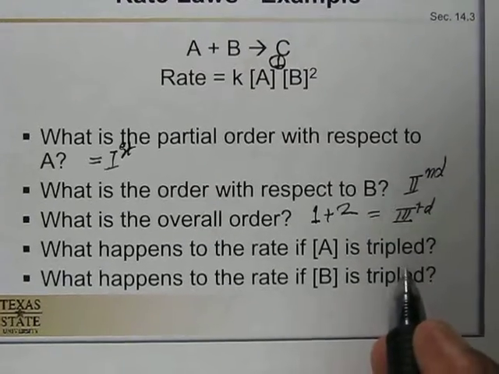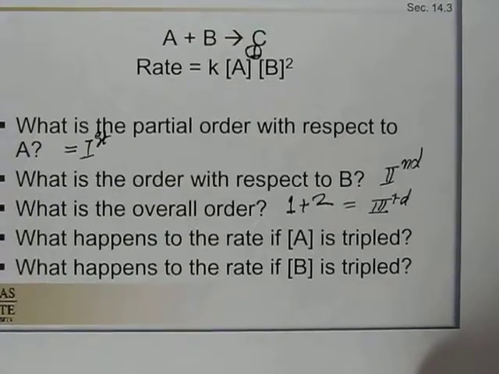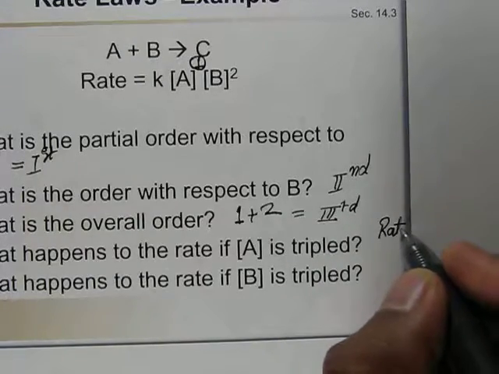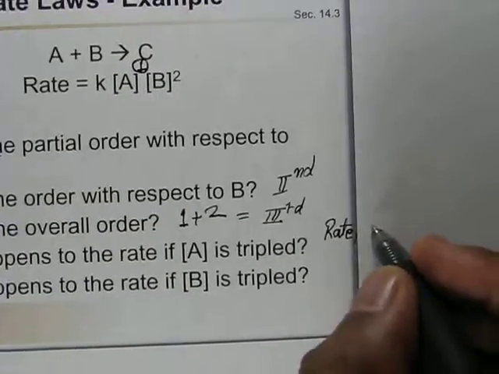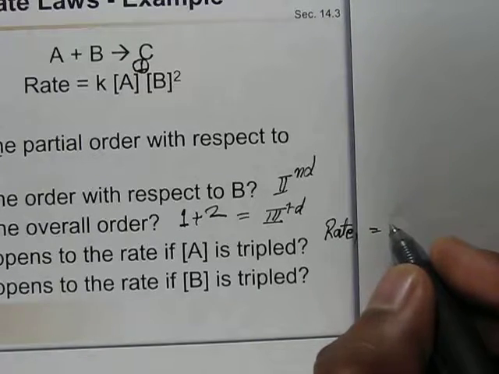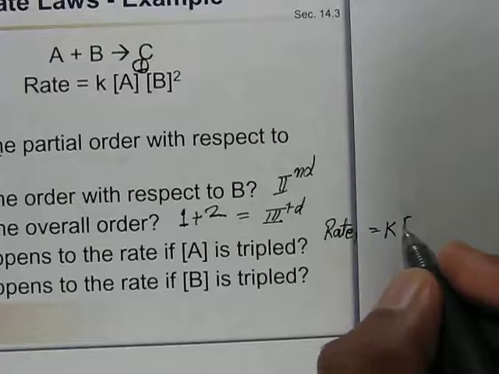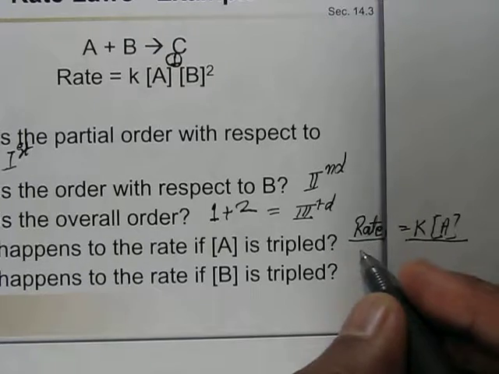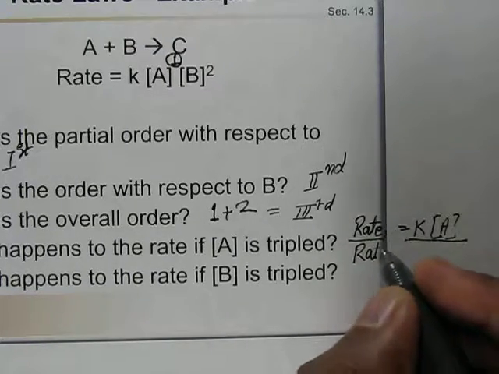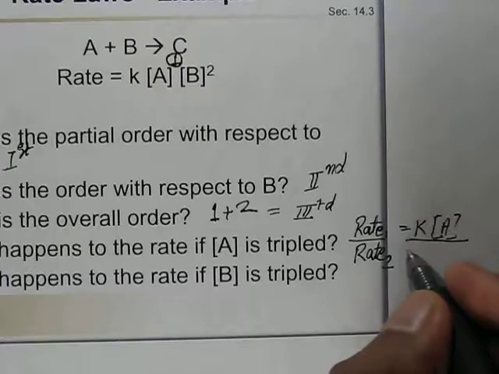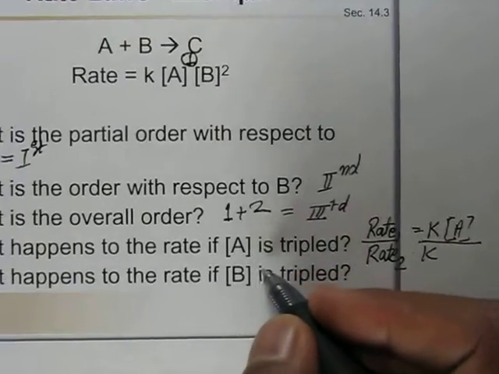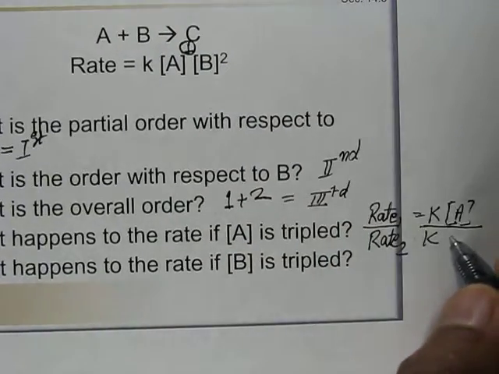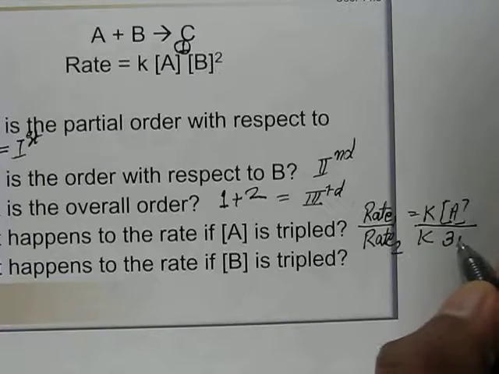What happens if the concentration of A is tripled? So right now rate 1 is equal to k and A, and if we triple it, rate 2 will be k and 3A.